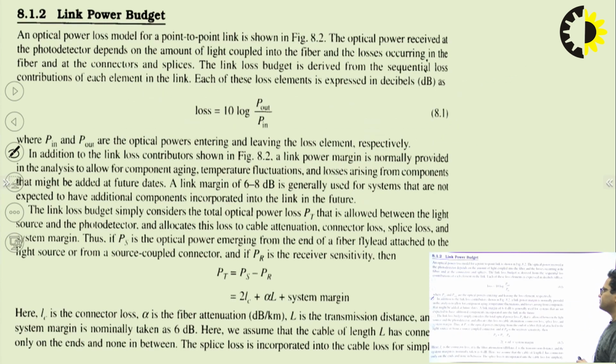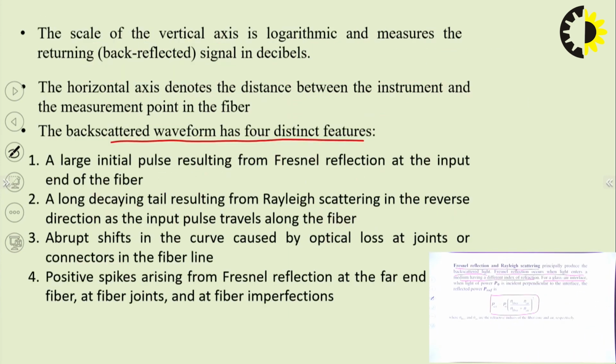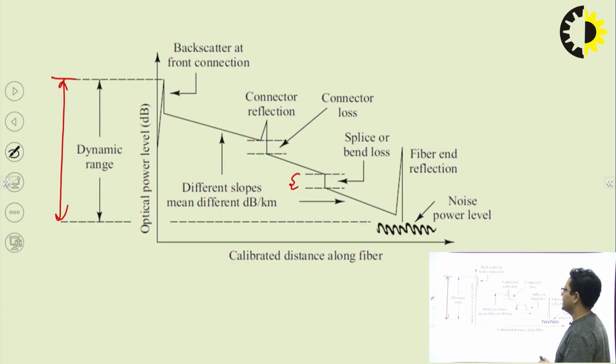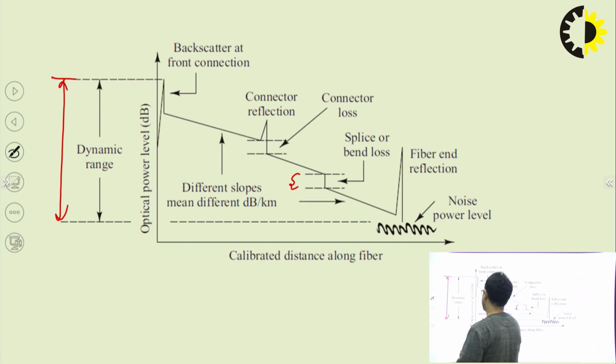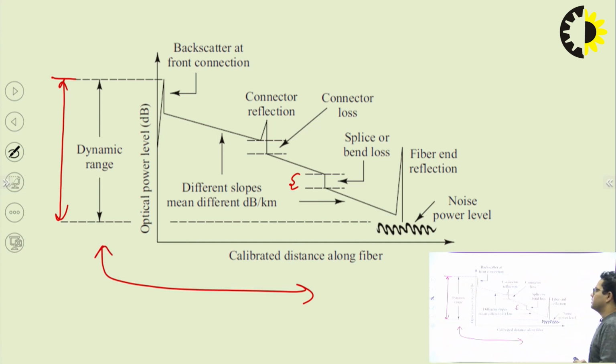So these are some important parameters that are used to evaluate the performance of the OTDR. So this is the basic diagram, the reflection points, and the information given by the different reflection points. The two important parameters used to evaluate the performance of the OTDR are dynamic range as well as the measurement range.